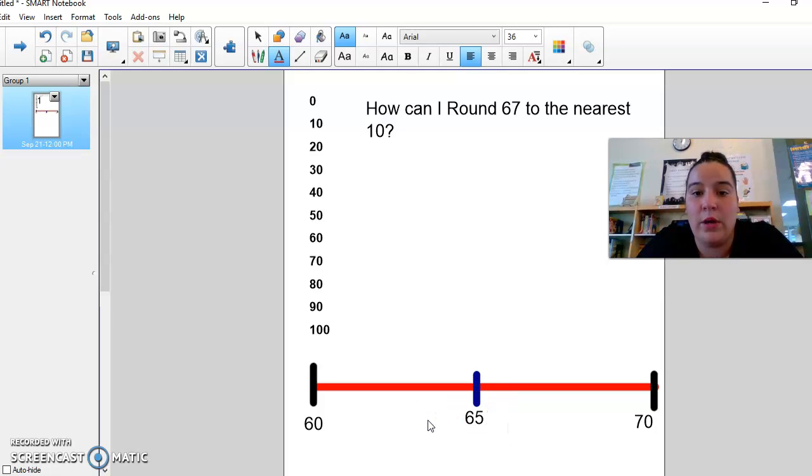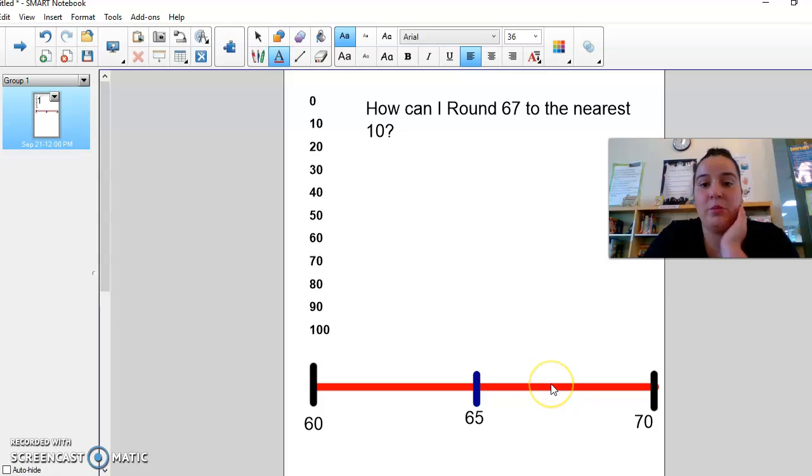Now I need to think about where would 67 be? So would 67 come before 65 or would it come after? So again, I could think about counting using my imaginary jumps and go 60, 61, 62, 63, 64, 65. I haven't heard 67 yet. 65, 66, 67.